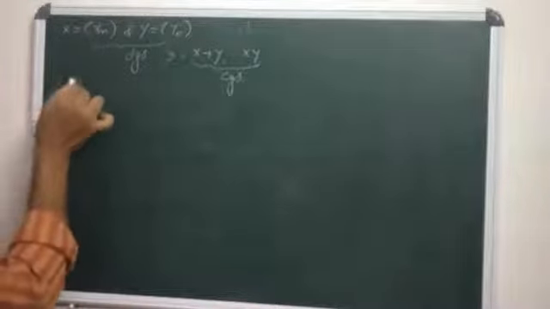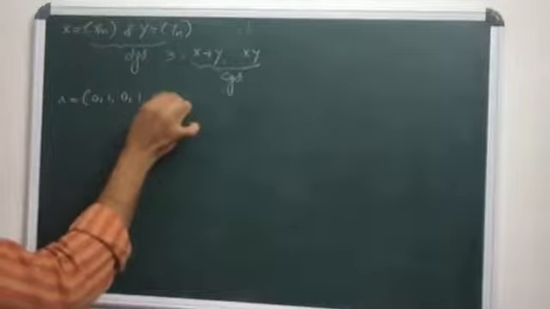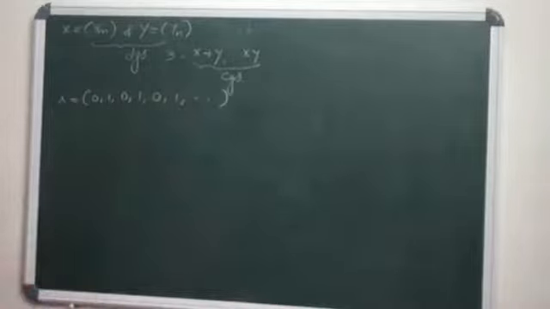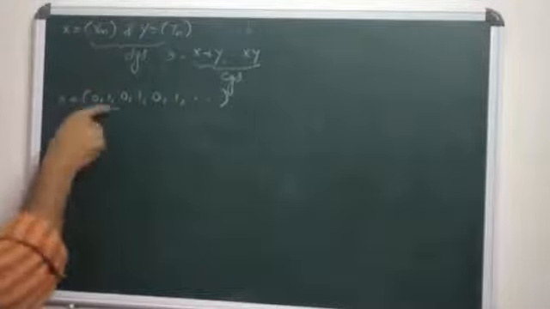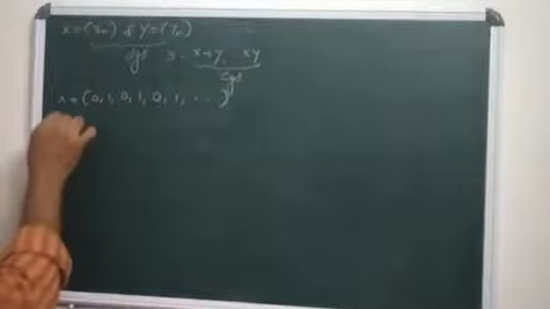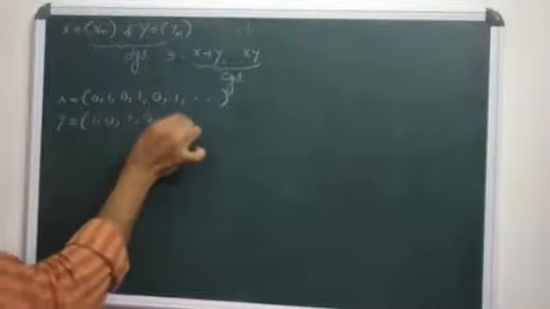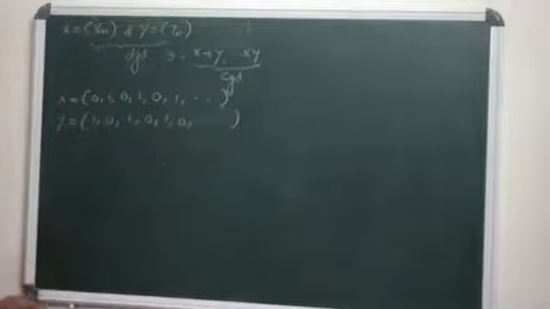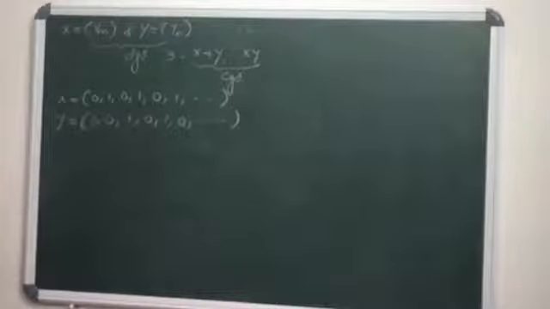Why? Because consider x equals 0, 1, 0, 1, 0, 1, etc. Surely this is a diverging sequence. Why? Because x goes to 0 as well as x goes to 1, which means there are two different limits. What is y? Choose y as 1, 0, 1, 0, 1, 0, etc. Again, y is also divergent, because y goes to 0 as well as y goes to 1.